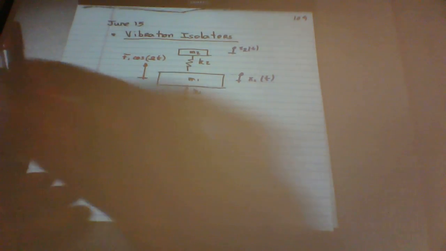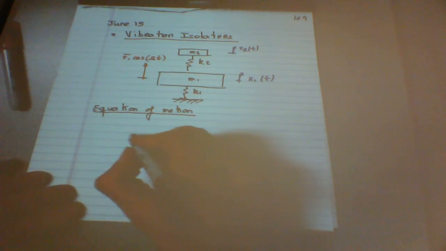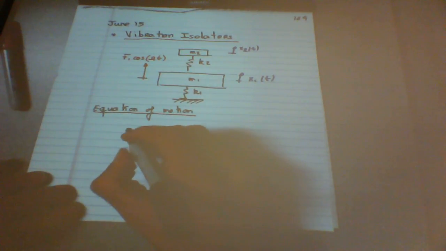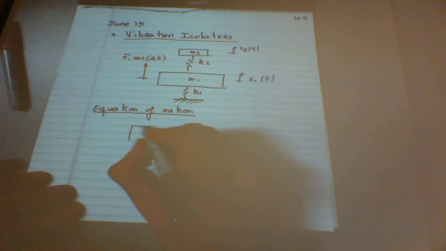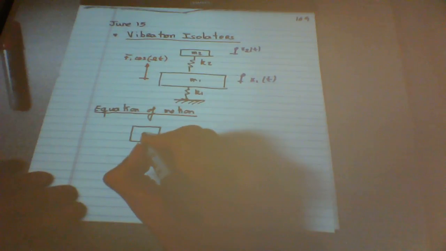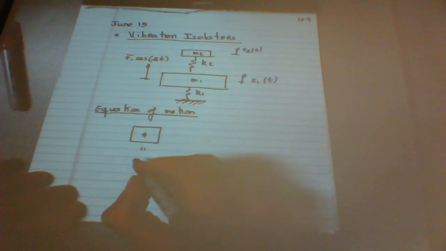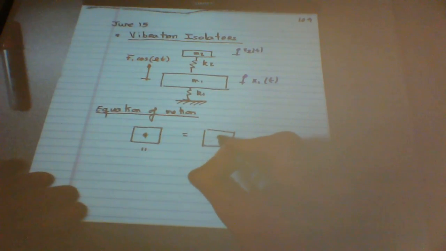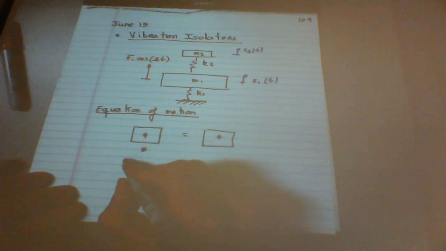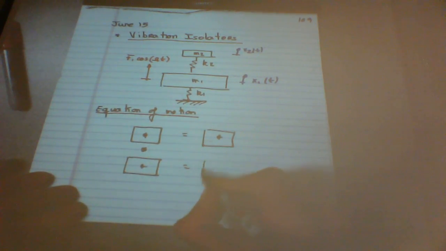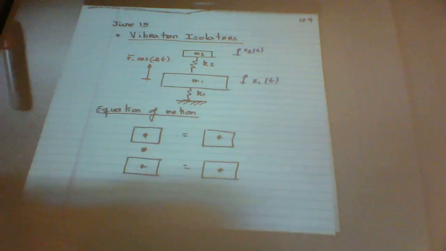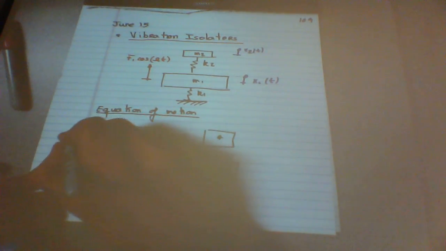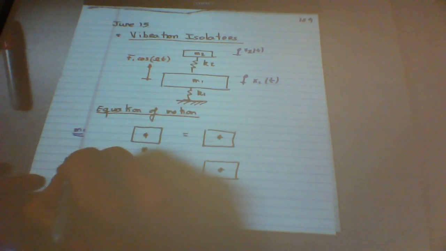So the first thing to do is some type of free body diagram. So let's do this for M1, and let's do this for M2.